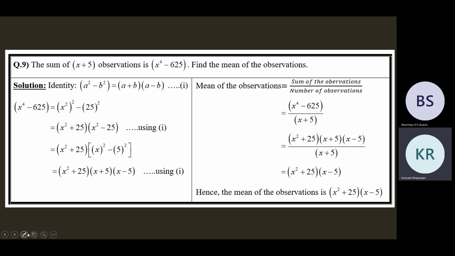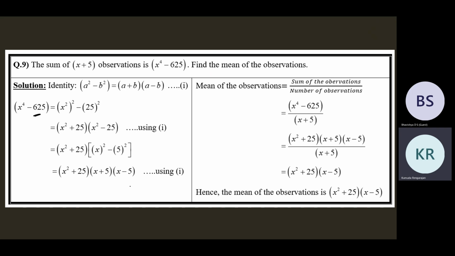All right, so you can start off by factorizing this expression. So we make use of this identity. You know how to factorize this, x square minus 625.